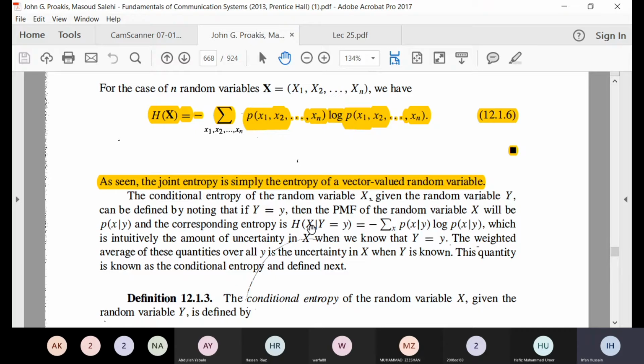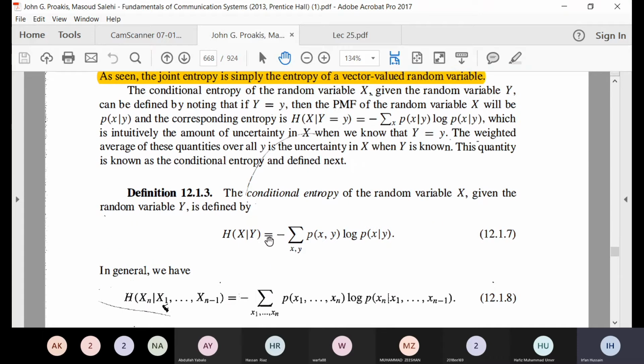And if we want to find the entropy given Y, then we will sum this over y, and this will be the conditional entropy. We will be summing not only over x, but also over y. So you will sum over all the y's, and you will get the conditional entropy.